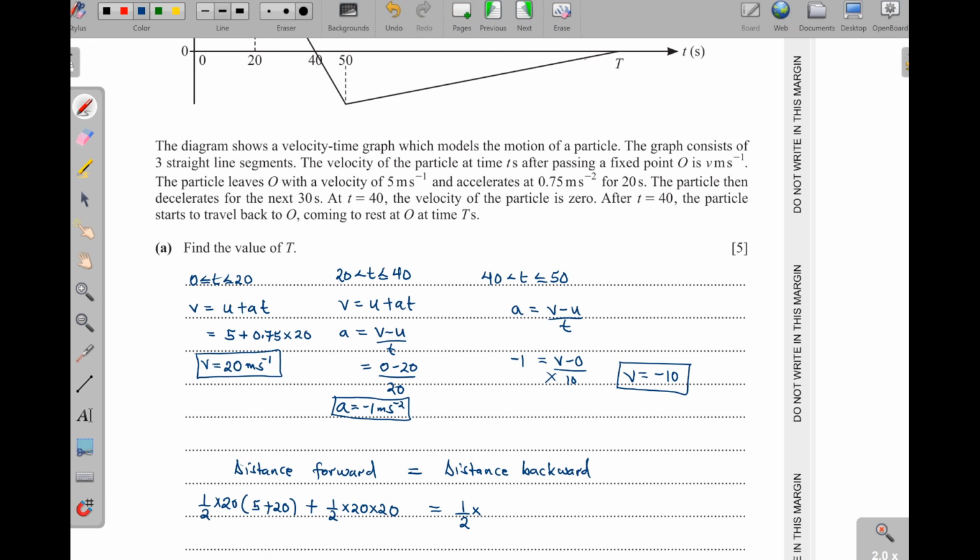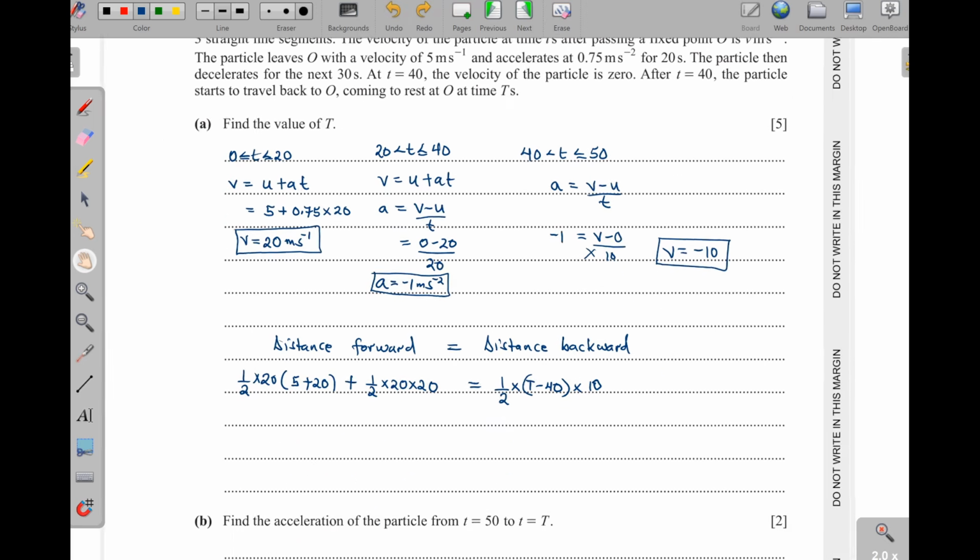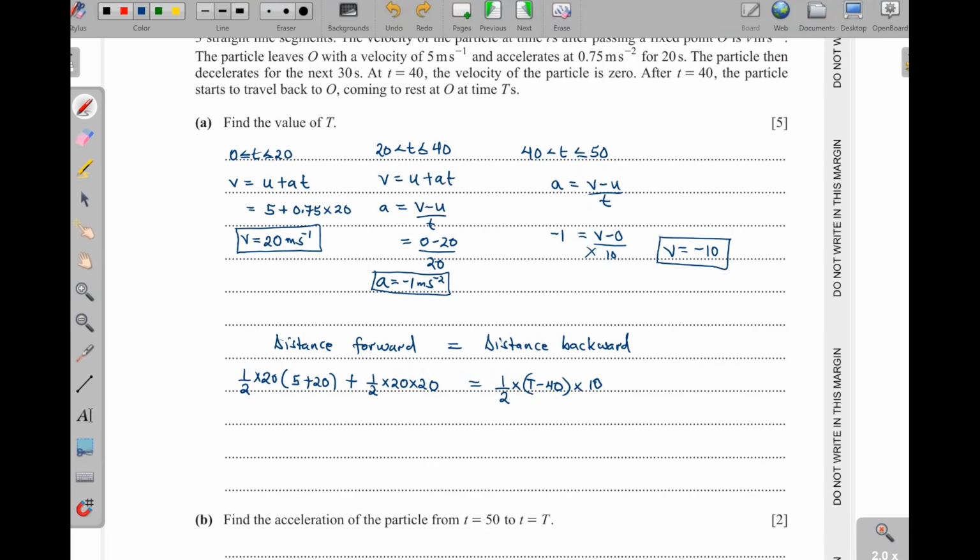So I have a half times, the base here is going to be t minus 40, then times its height. This one here is the minus 10 we have gotten, but you don't put minus here because we are taking this as a length, and length cannot be a negative.